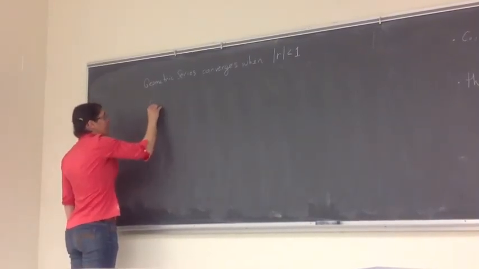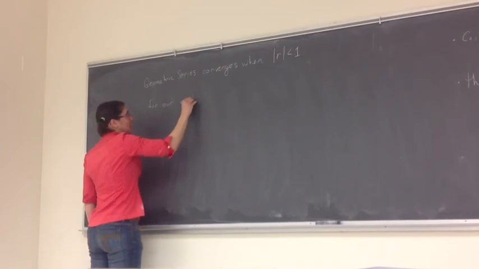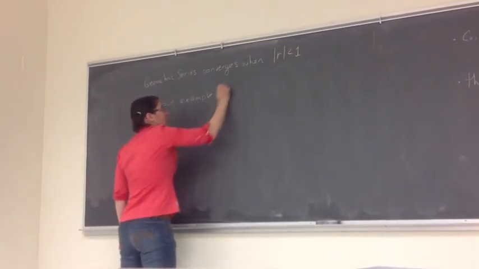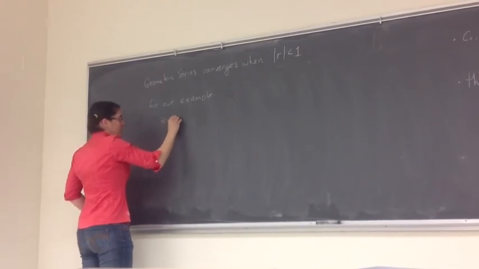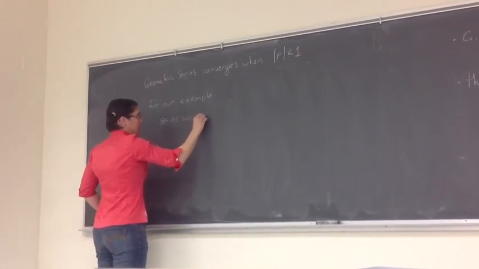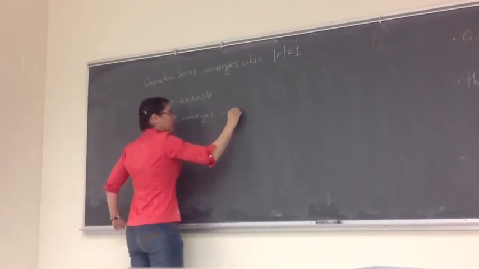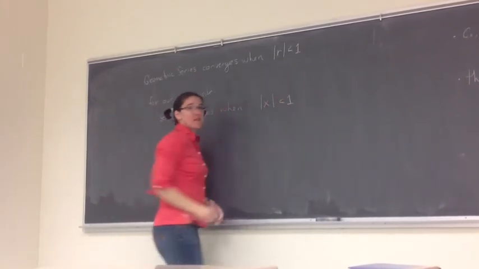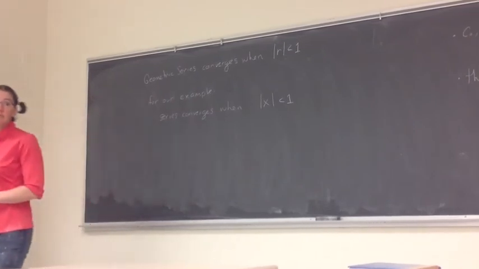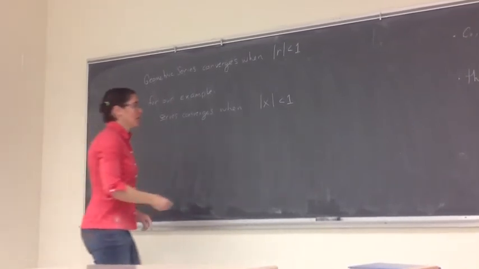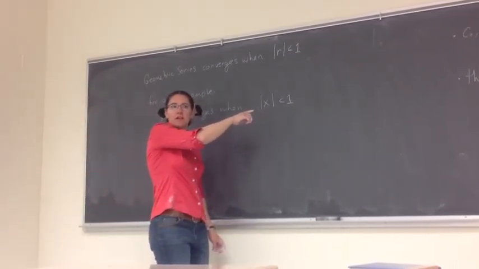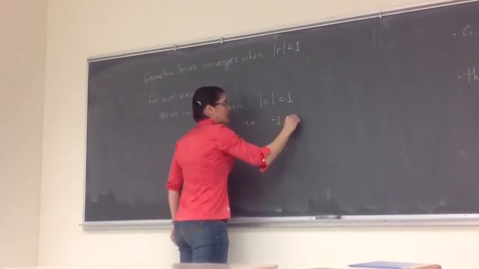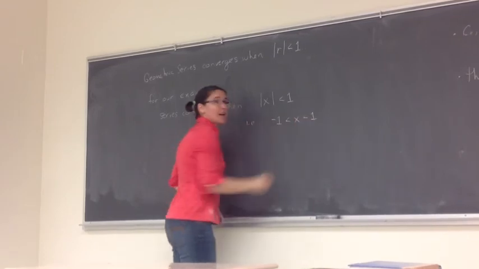So for our example, our series converges when the absolute value of x is less than 1. Another way to write absolute value of x is less than 1 is to say that x is strictly between -1 and +1.